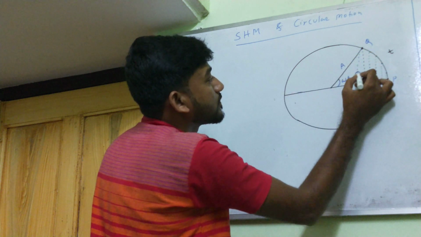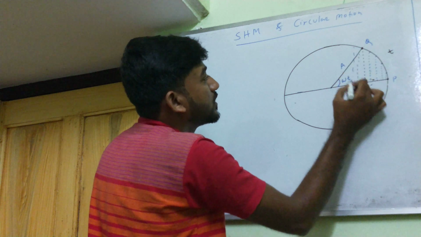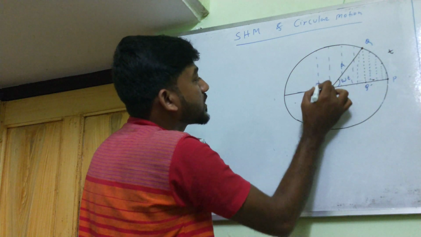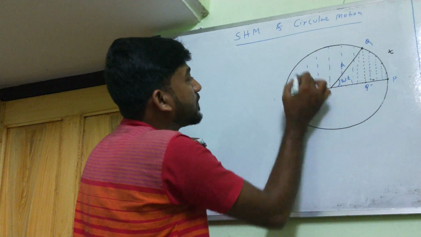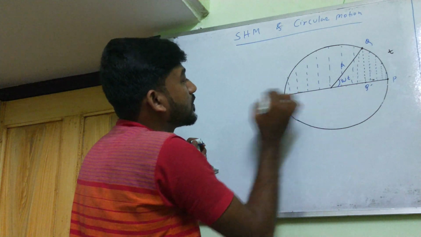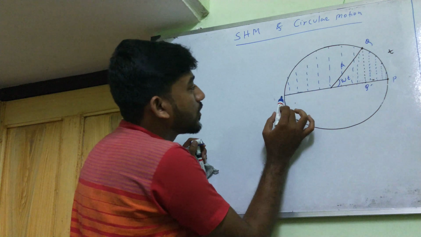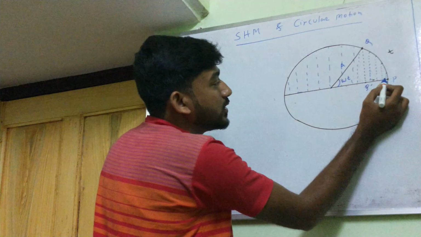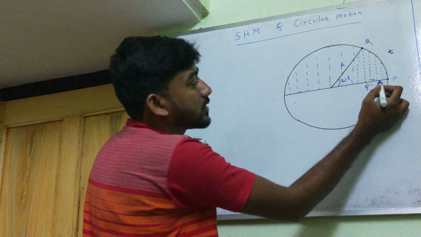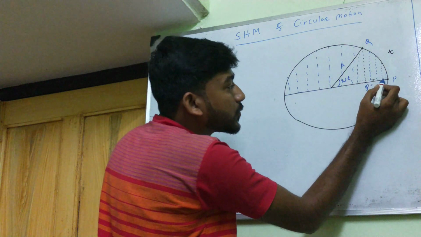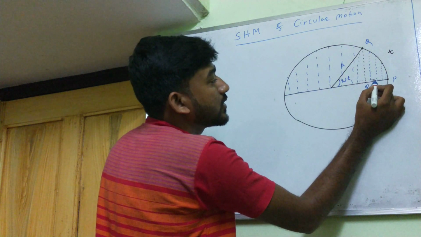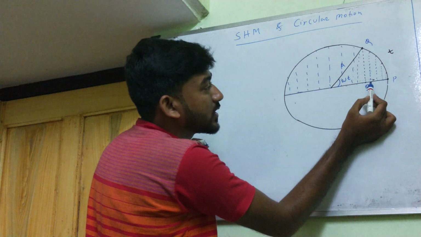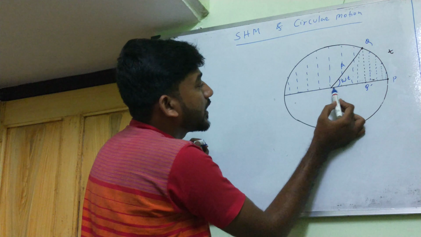You can see from the figure that the projection at each and every point on the circle will lie on the diameter, and the projection of the particle will be displaced along this diameter.